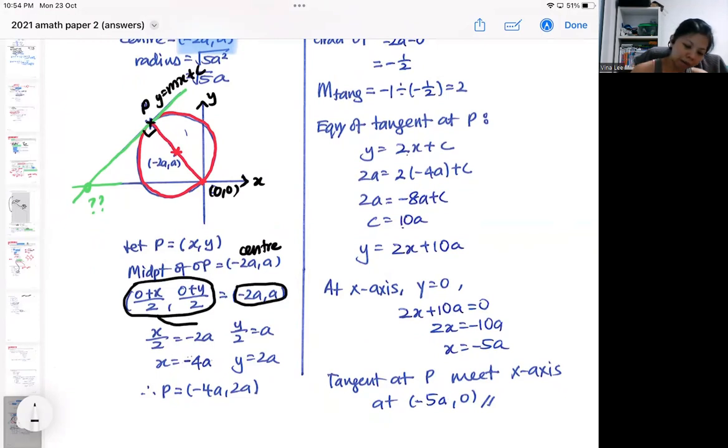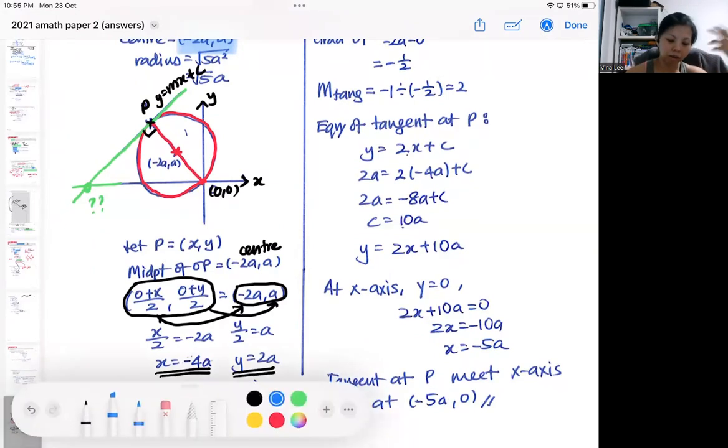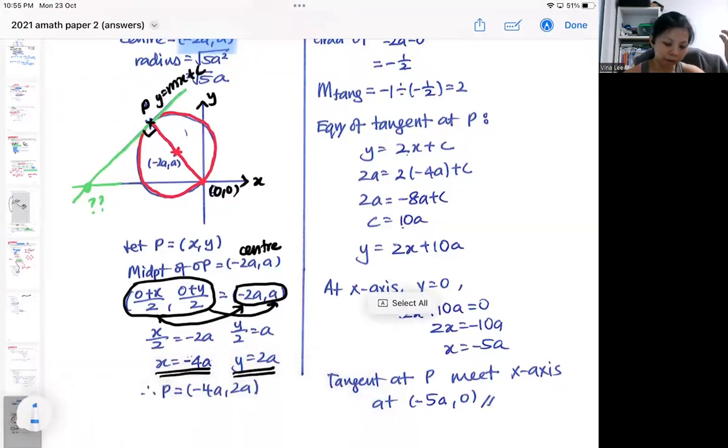When I compare the x coordinate, I get my x. When I compare the y coordinate, I get my y. So the x and y that I'm getting will be the coordinate of P. I will need this coordinate so that I can perform my mx plus c later on.